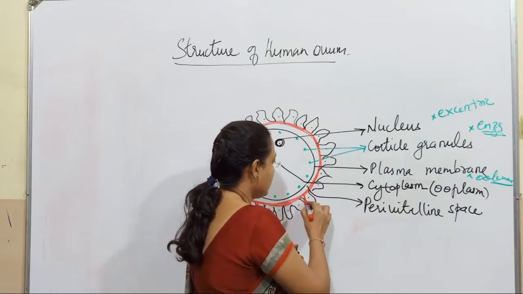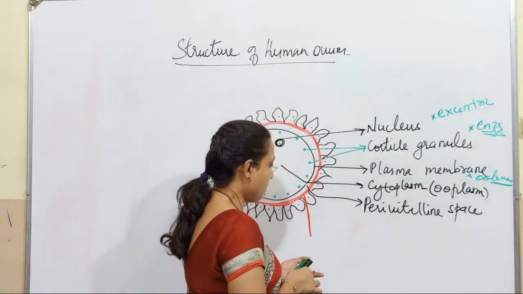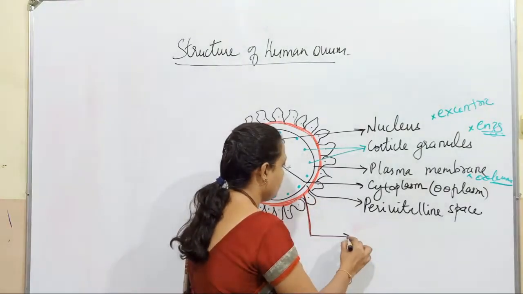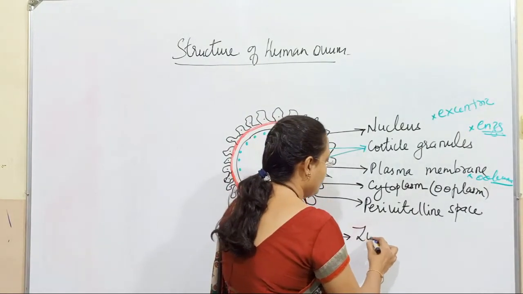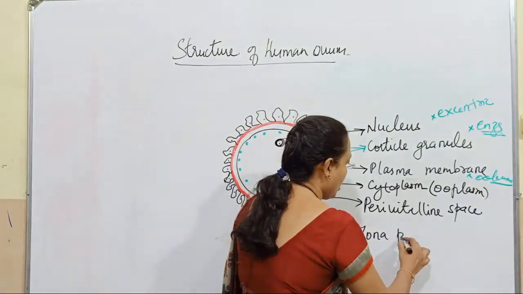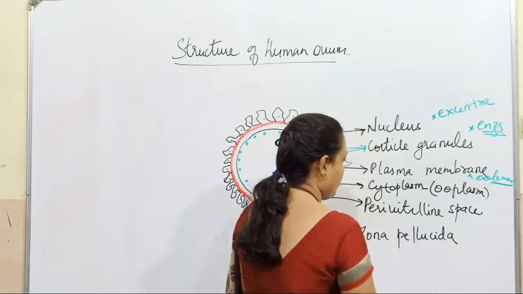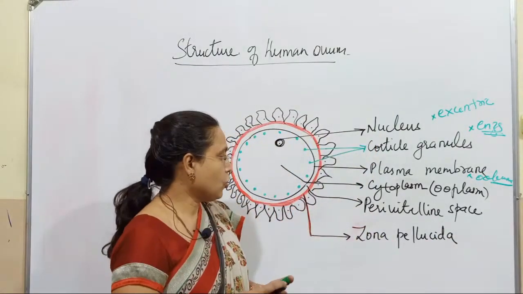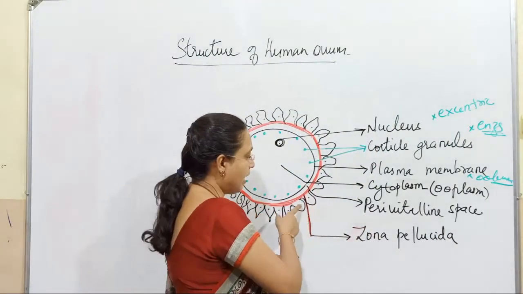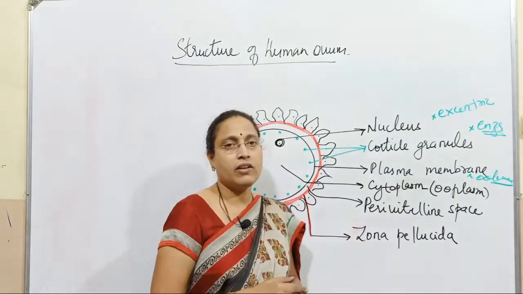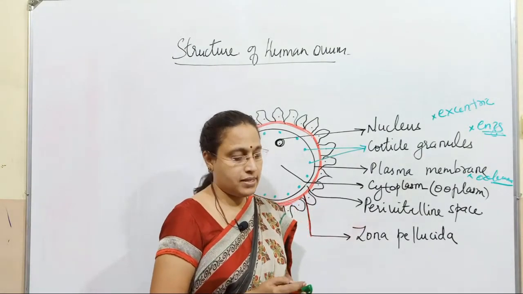Now next is zona pellucida. Zona pellucida comes just under the corona radiata, or towards the outside of the perivitelline space.